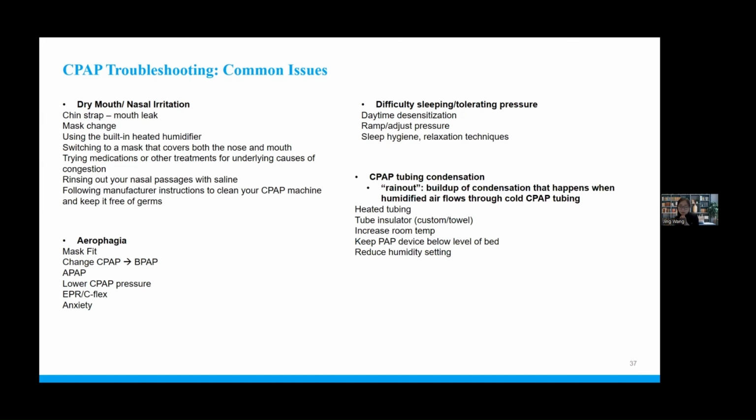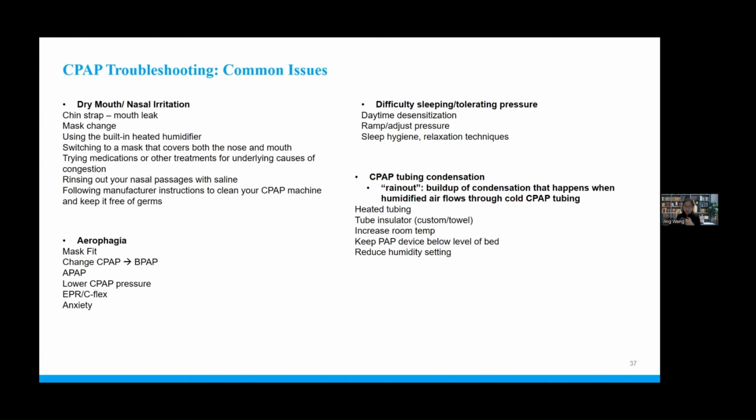Another common problem that patients will complain of is condensation in the CPAP tubing, or rain out, which is condensation that builds up when warm humidified air flows through cold CPAP tubing. So people will say there's water in the tube, or it's flowing into the mask. Things you can advise are to change to heated tubing, to insulate the tube, and to try to increase the room temperature.